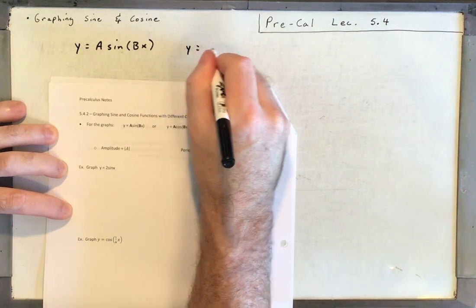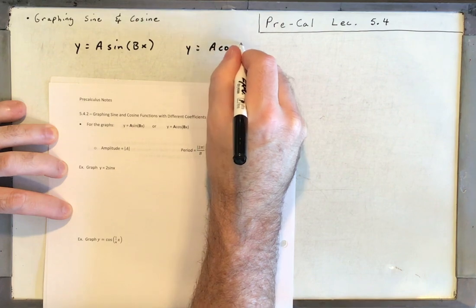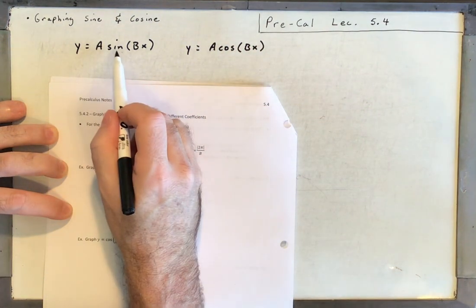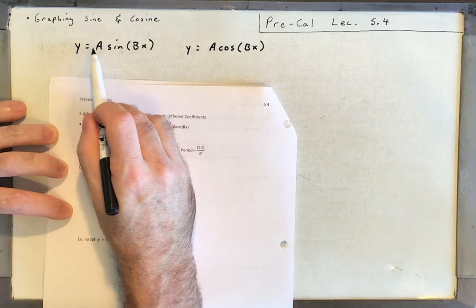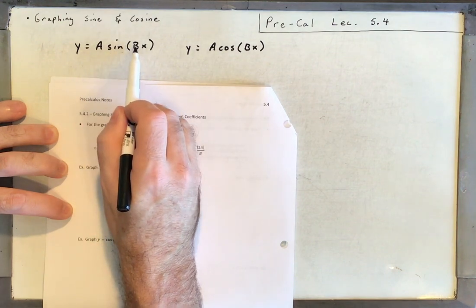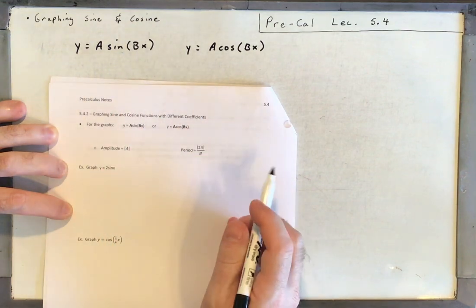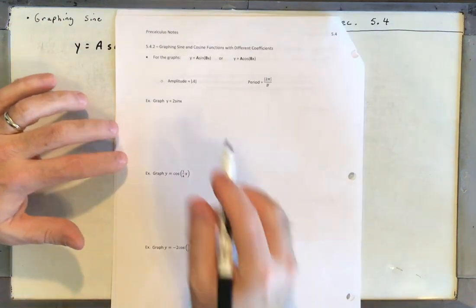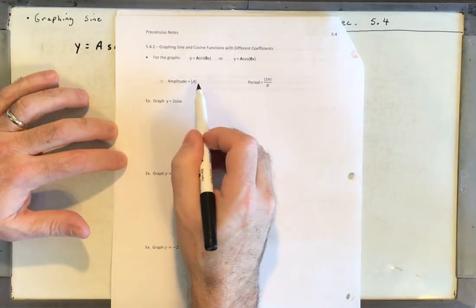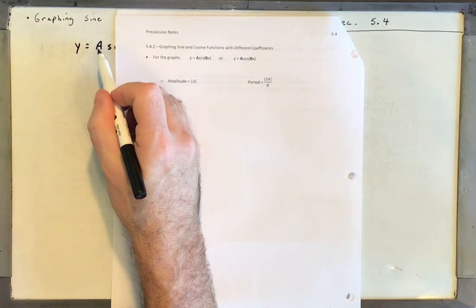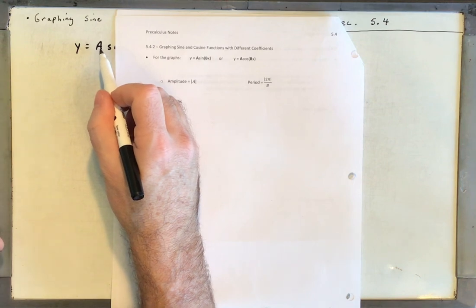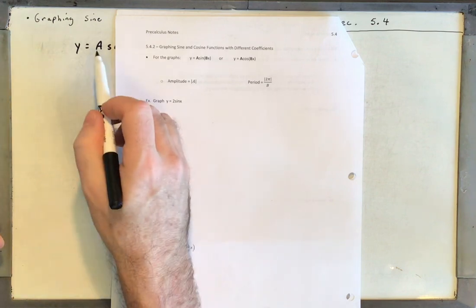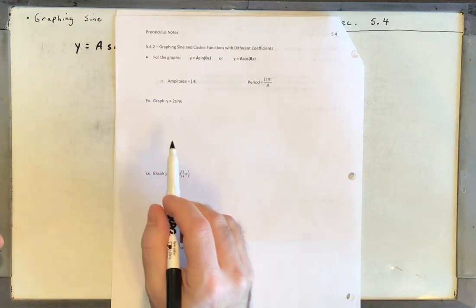Or y is equal to a cosine bx. So we're changing those original y equals sine x. We're putting a couple of numbers, one in front and then one within the angle, as a coefficient of x. The amplitude, you can see on your notes, is the absolute value of a. So even if that number were negative, then you would take the absolute value of that. The amplitude is always going to be a positive number. Then whether it's positive or negative tells you where it starts on the x or y axis.